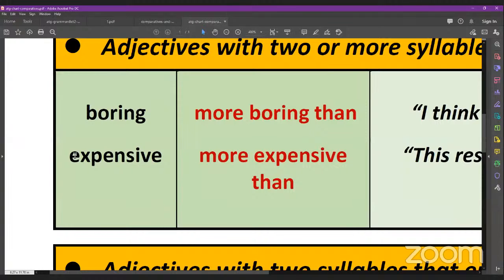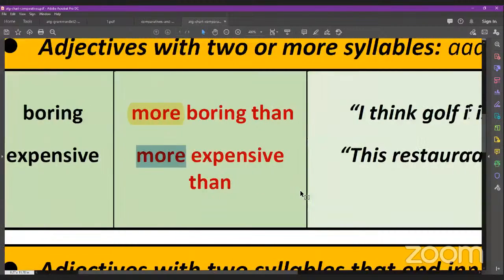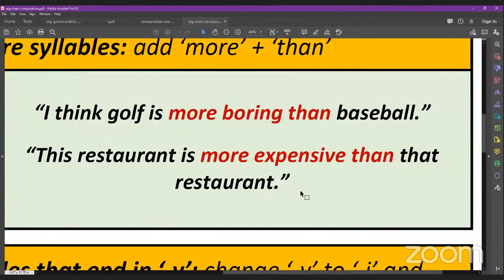Boring. Comparative, more boring than. Expensive. Comparative, more expensive than. Examples. I think golf is more boring than baseball.